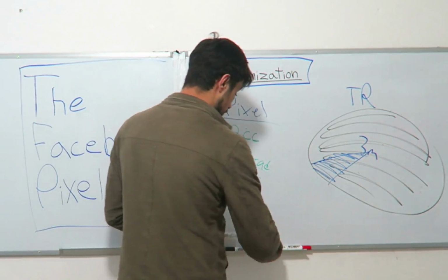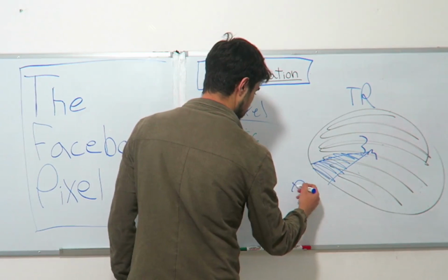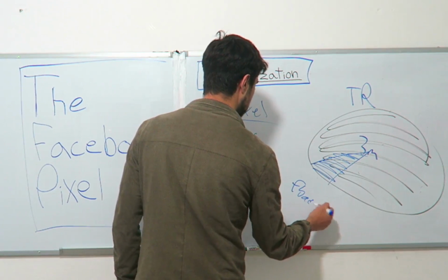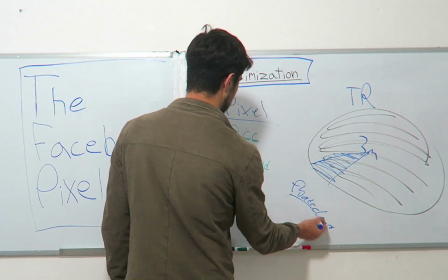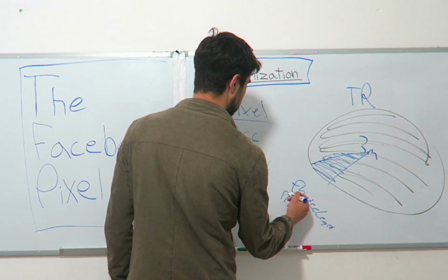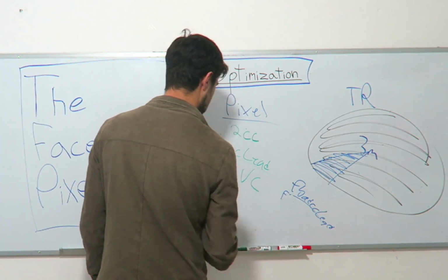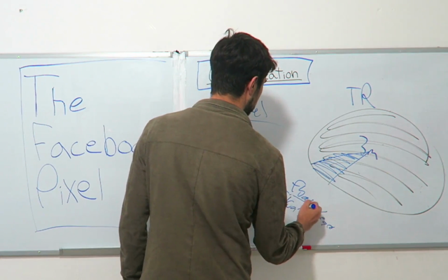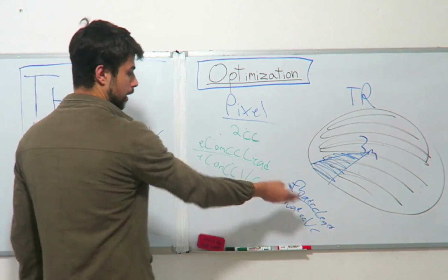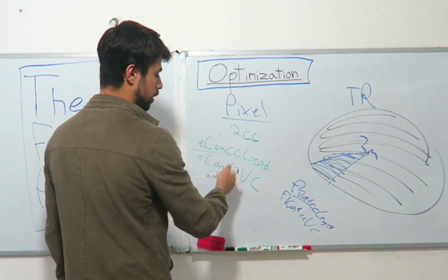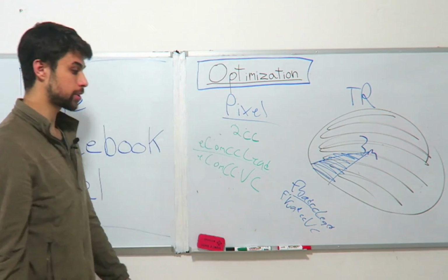And then I have my Facebook ads custom conversion lead, right? And then I have a Facebook ads custom conversion view content. Okay, 1 pixel, and then I have e-com custom conversion lead, e-com custom conversion view content, and Facebook ads custom conversion lead, Facebook ads custom conversion view content.